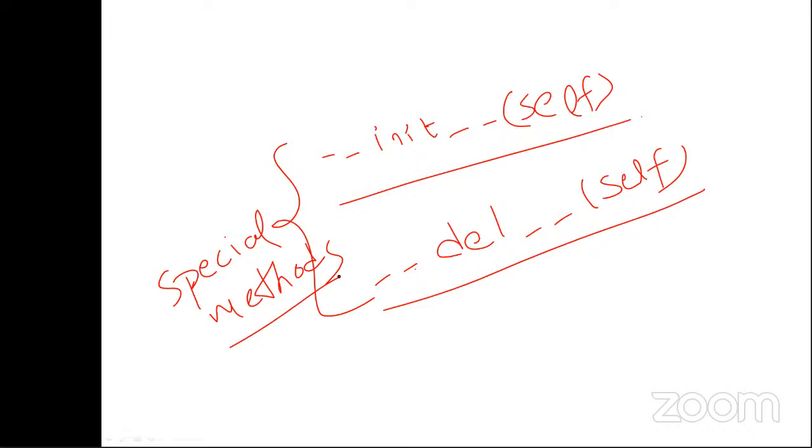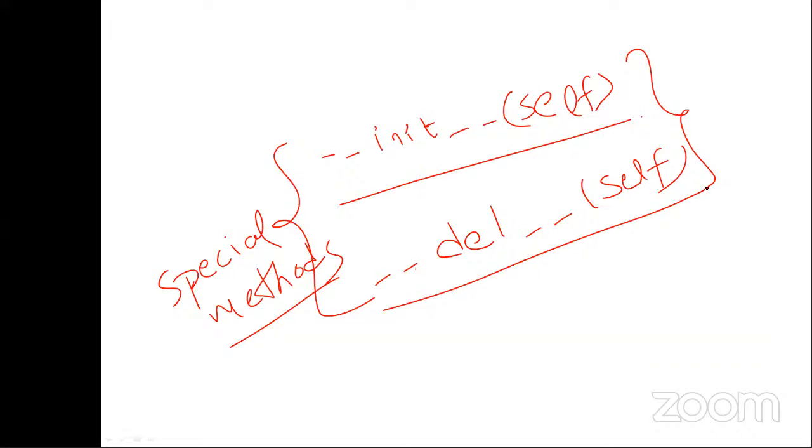We have already worked with functions, meaning methods. When you write one method, if you want to execute it, you must call that method; otherwise, it will not execute. But these two methods execute automatically based on the situation. At the time of allocating the memory, the init method executes.